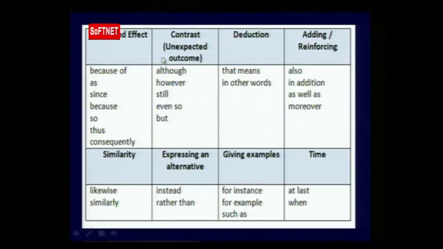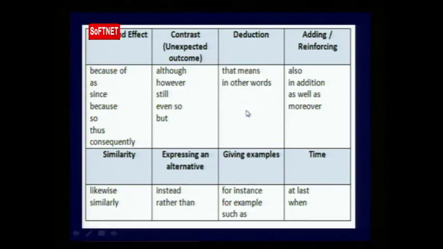See, if you have to write a cause and effect, you have to use these words. Similarly, for contrast, for deducing, for giving examples, you can begin your answer by saying, for example, for instance, such as. If you want to give some reinforcing your answer, maybe you can say as well as, moreover.